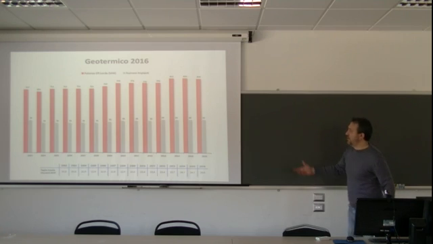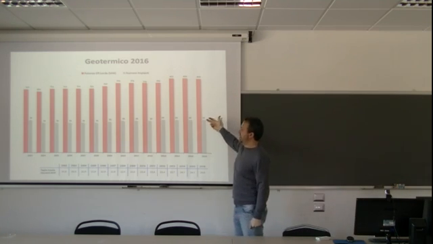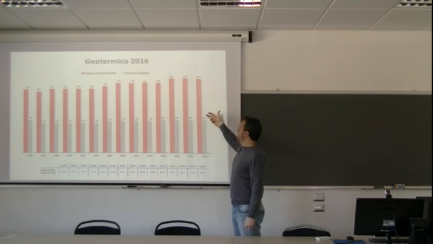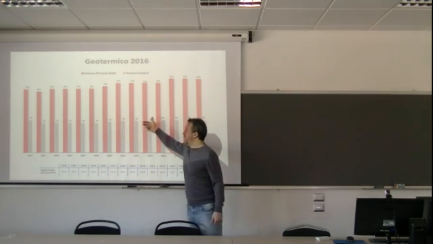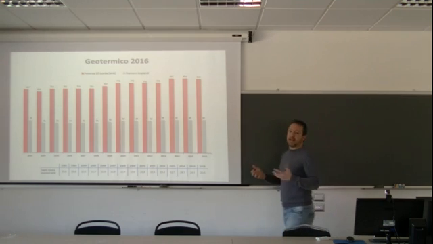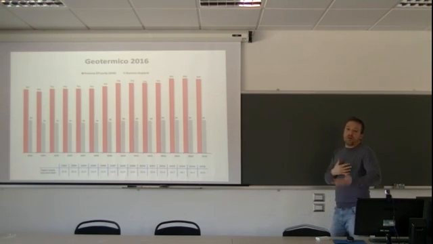Geothermal, as I said, the number of plants is the same, 34. Sometimes it is lower because some plants are very old, so they need to be rebuilt. So the number of plants is 34. Where we can use geothermal energy, we already have a plant.